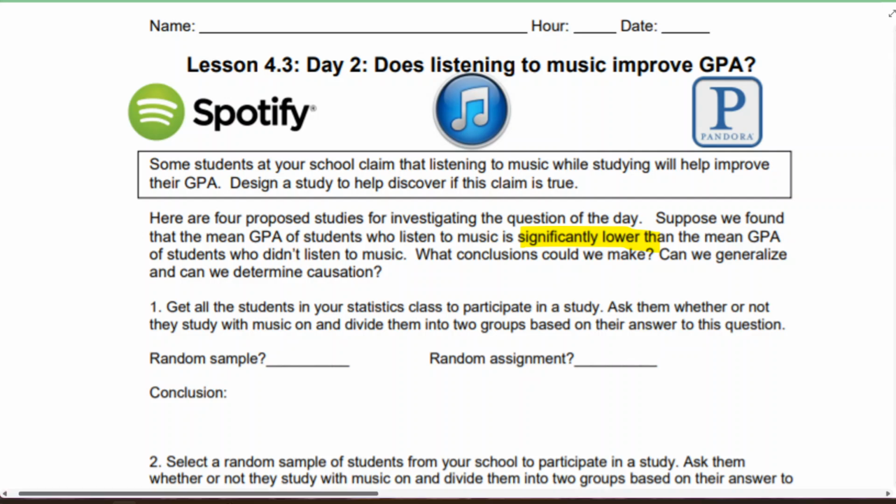Can we generalize, and can we determine causation? So 4 different experiments, 4 different study designs, and we're going to see how the subtle changes here affect the conclusions that we can make.